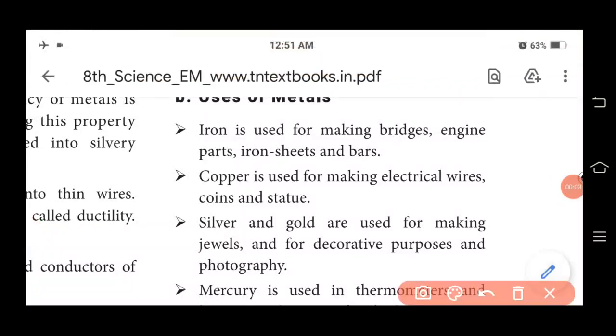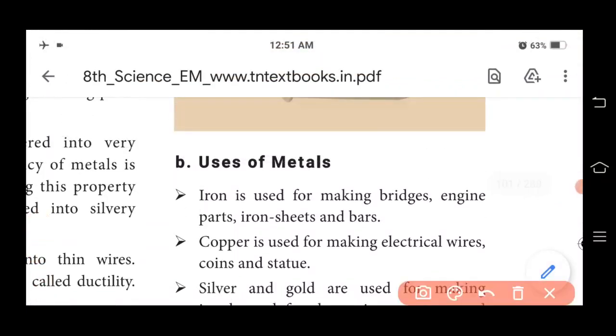Uses of metals. Iron is used for making bridges, engine parts, iron sheets and bars. Now we are learning the properties of metals and the uses of metals.